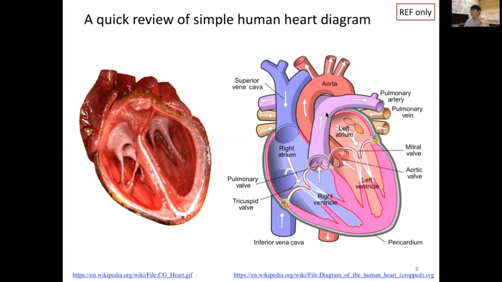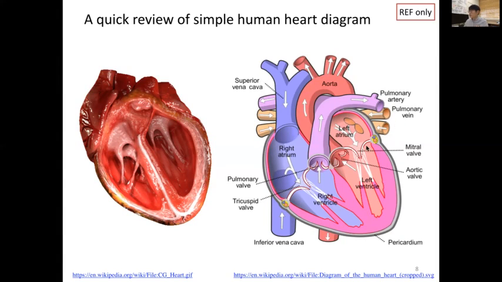The important thing is that when blood comes from the heart to the outside, we name the vessel an artery, even though this is deoxygenated blood. It can go to the right side of the lung and the left side of the lung. Once it is replenished with new oxygen, it comes back to the heart through the pulmonary vein and goes to the left atrium.